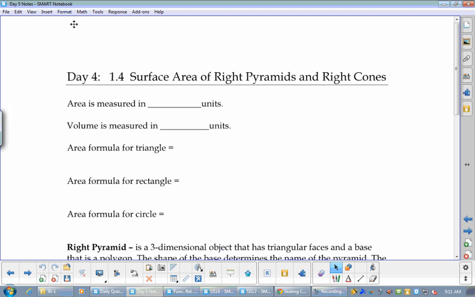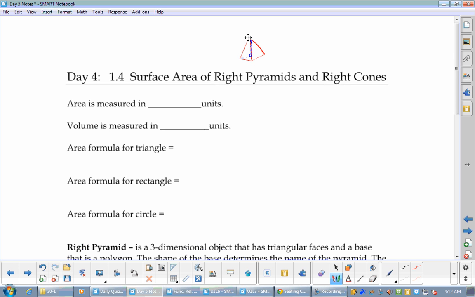Okay, so what we're going to be talking about today is the right pyramid and the right cone. The reason they are called right is because the base and the height are perpendicular.